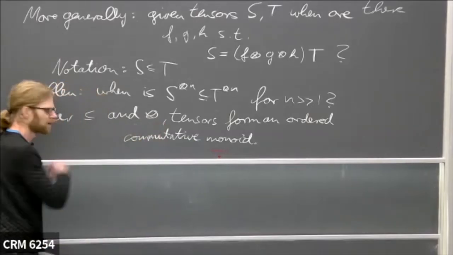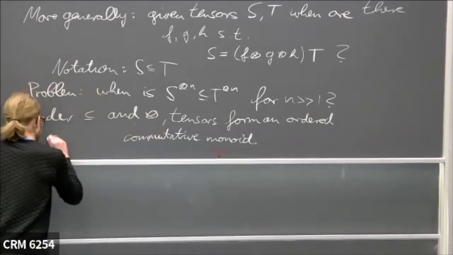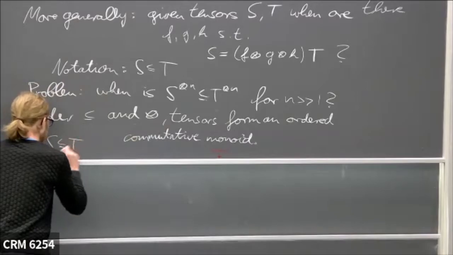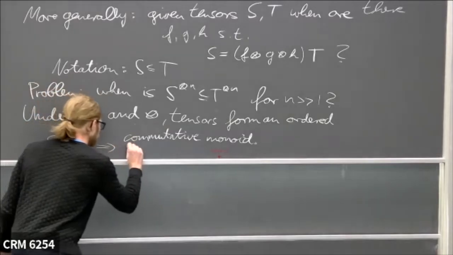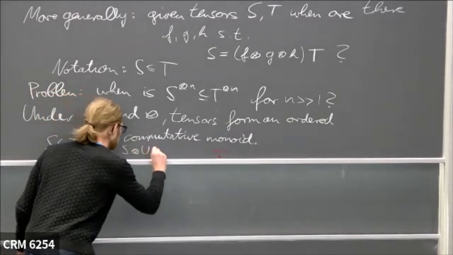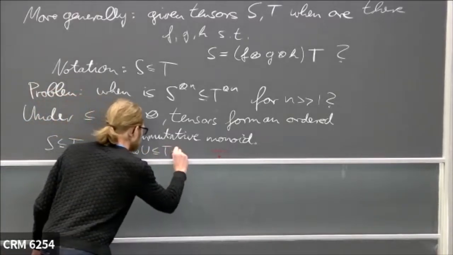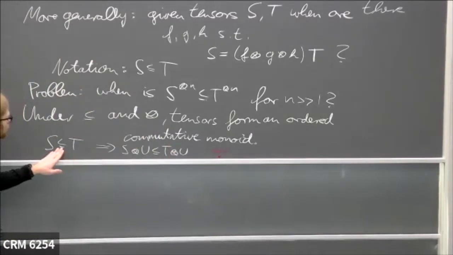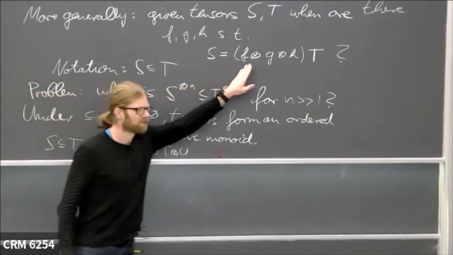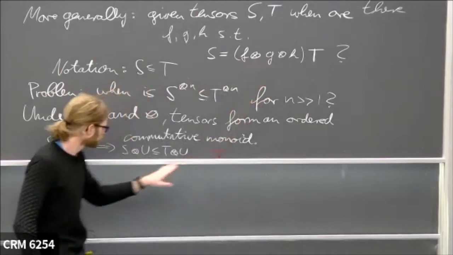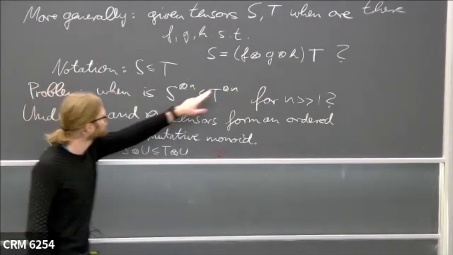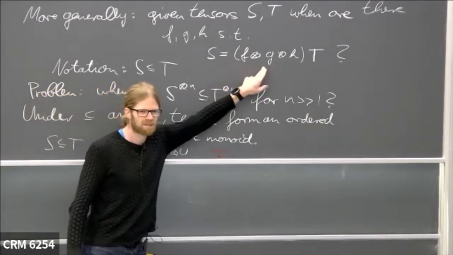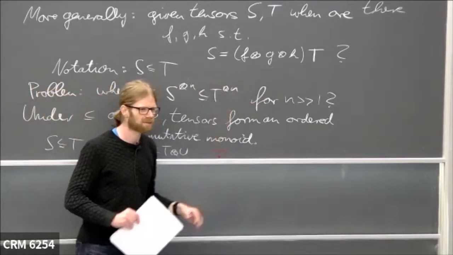So if I have three tensors S, T, and U, and I have S less than or equal to T, then we also have that S tensor U is less than or equal to T tensor U. It's pretty straightforward to see, because if we have this for some f, g and h, then we just get this if we use f tensor identity, g tensor identity, and h tensor identity.